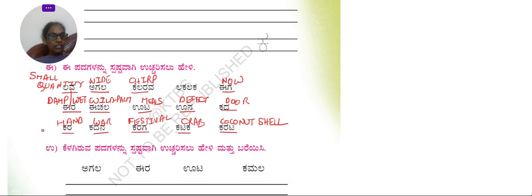Now we can see a few more words. Lava means something which is in very minute or small quantity. Then agala is wide. Kalarava is chirping of birds. Laka laka is an expression to say something is shining.